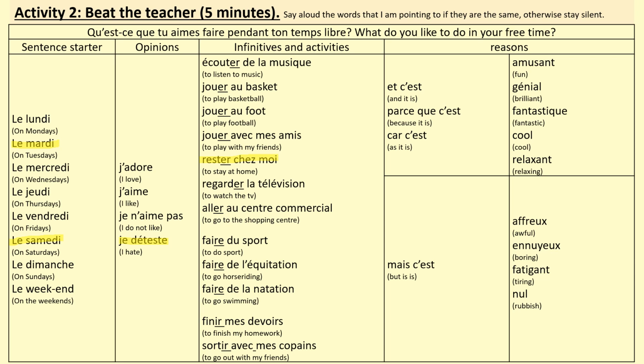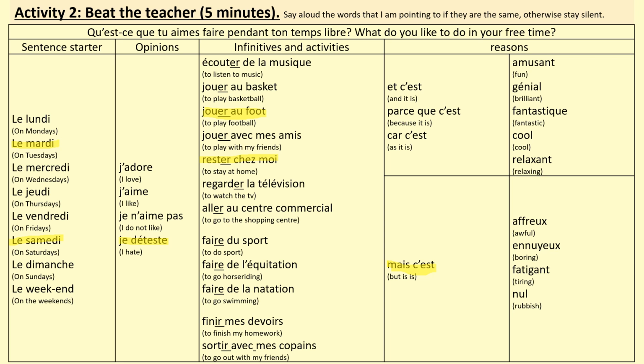Now if I say jouer au foot, I'm pointing at jouer au foot and I'm saying it, so we need to also say it. How about if I say essayer? I'm pointing at something else, so you shouldn't be saying it. And now I'm going to say mais c'est. This time I was saying it and pointing at it, so you need to say it.